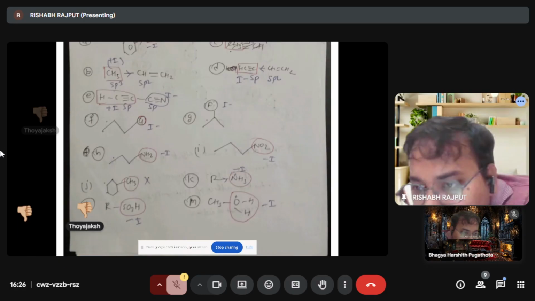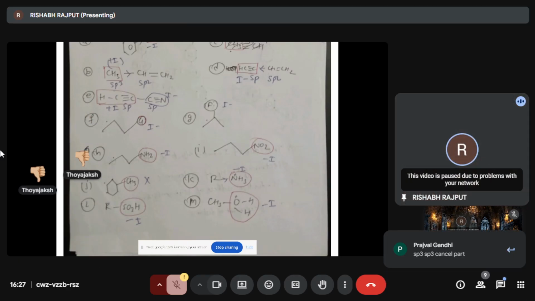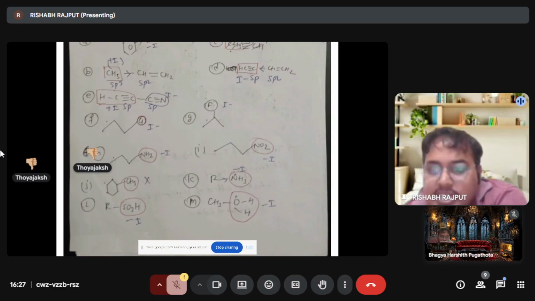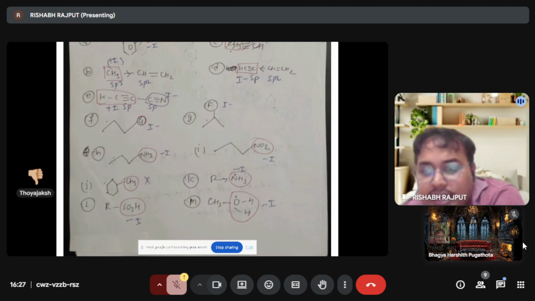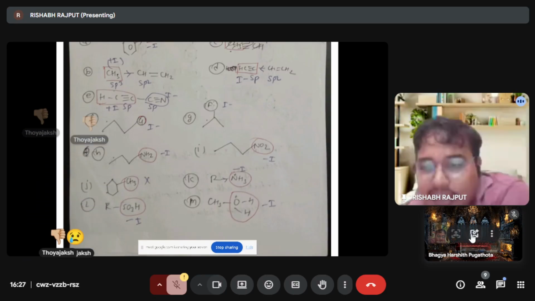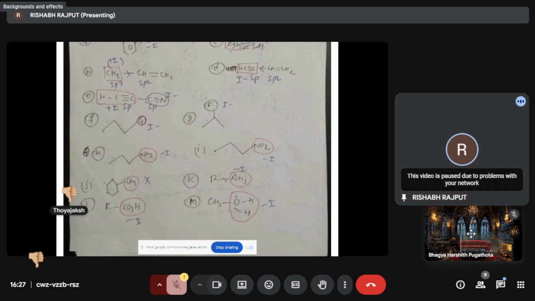Praswal, the meaning of cancel here is that here sp3 is the same. So there is no difference between the electronegativity, so that is why minus I and plus I effect is not there. You can say it's a cancel, but generally you can say both are the same sp3 hybridization, so that is why there will be no I effect.